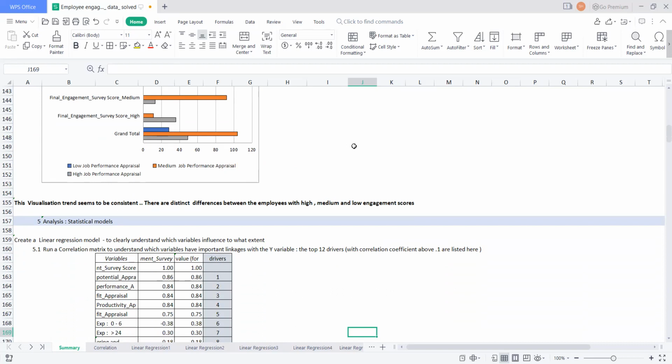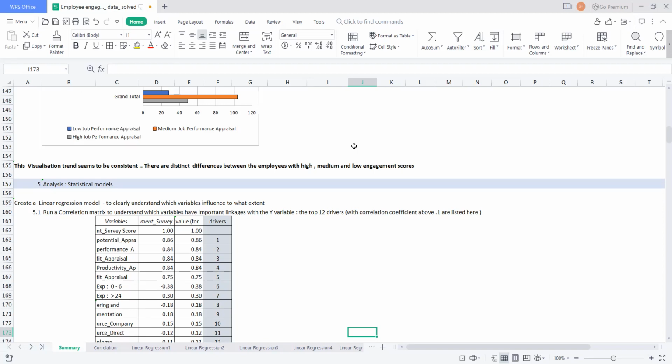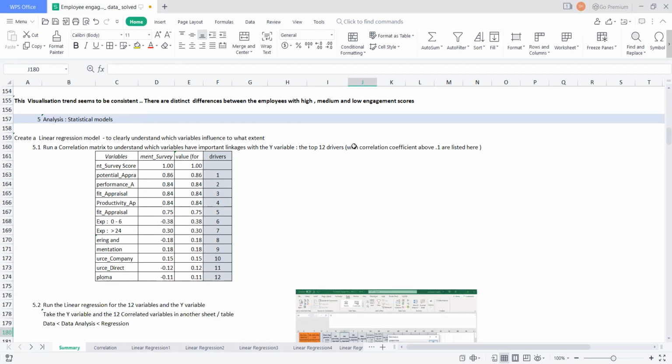So now what do we do? How do we build an exact methodology of knowing that this engagement score leads to this amount of productivity or this type of engagement and appraisal scores? So when we look at this process, we have done define, collect, organize, visualize, seen some trends, and now we're going to do the statistical analysis.